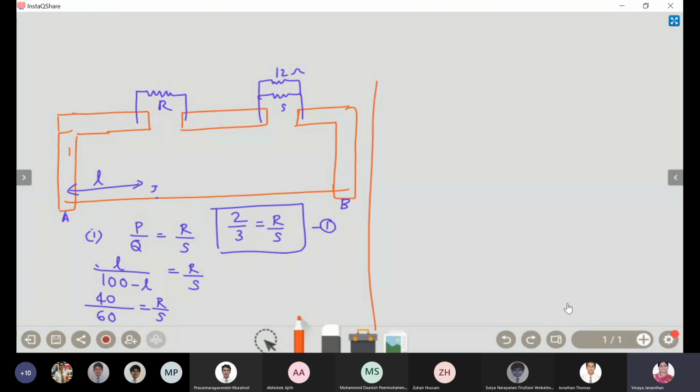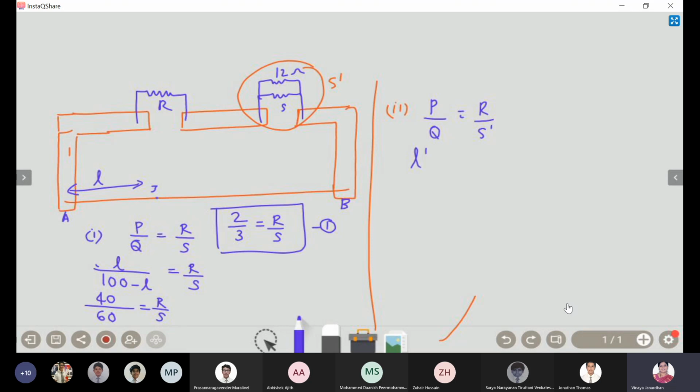The next one. Now, when a resistor of 12 ohm was connected in parallel, let this combination be equal to S dash, right? So what happens in the second case? P upon Q must be equal to R by S dash. The new balancing length is L dash.